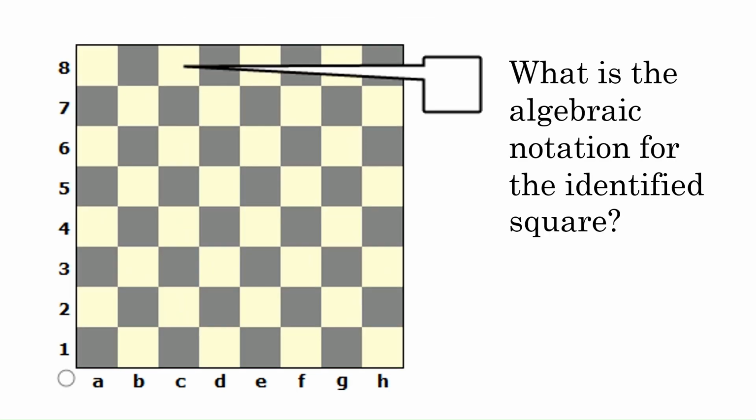So here is an exercise for you. What is the algebraic notation for the identified square? Keep in mind that you have to note down the column position first and then followed by the row position.